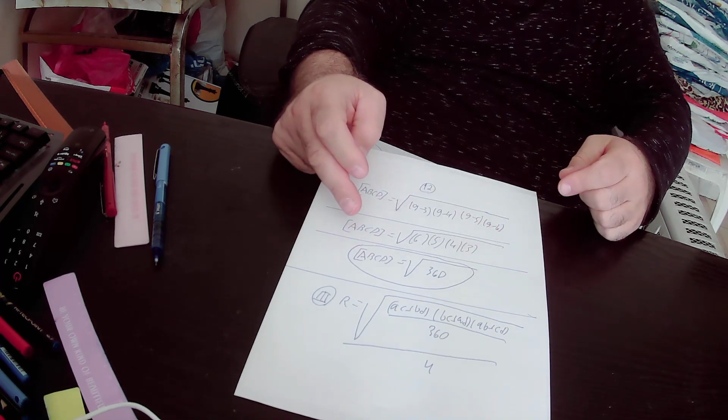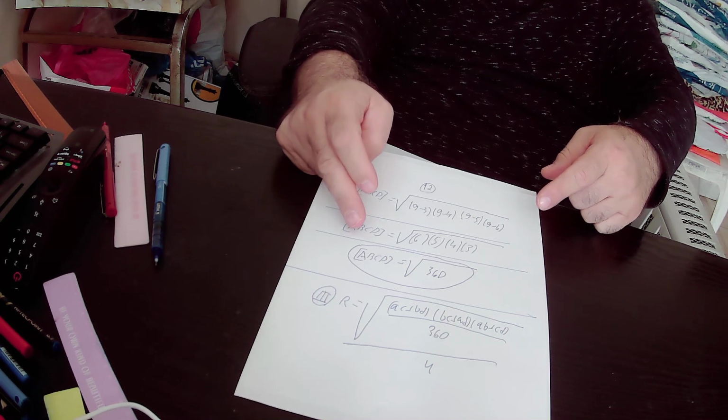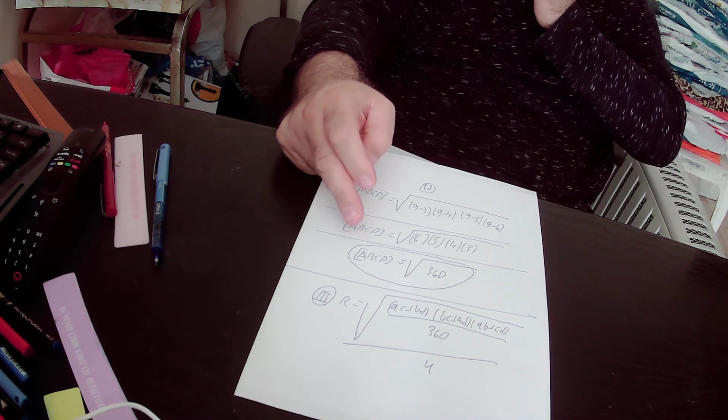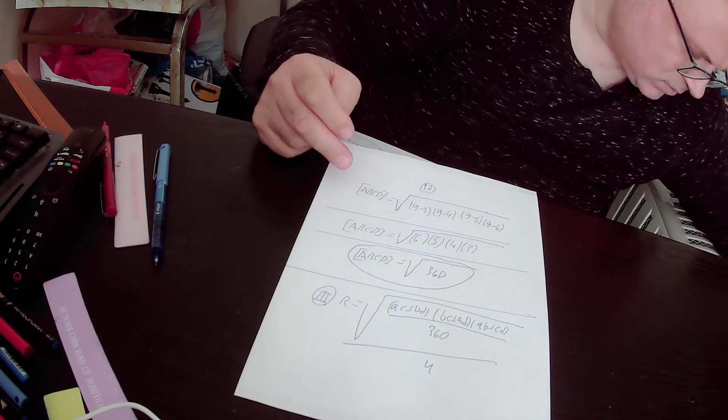So actually we can substitute the area of quadrilateral ABCD by the root of 360 in equation number 3.